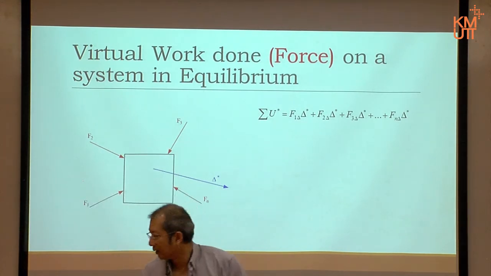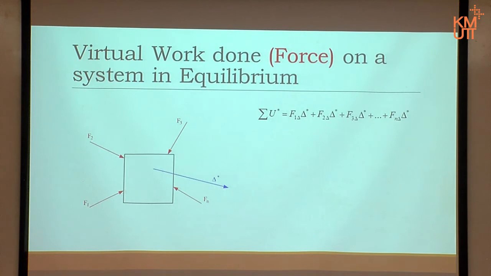That is the same. Meaning, I would take F1 into that line, which I call F1 delta. And then for the work, because it moved delta star, it becomes F1 delta times delta star. The same explanation goes on until the end. Okay? Now, the next step.